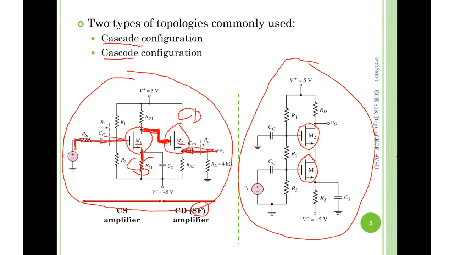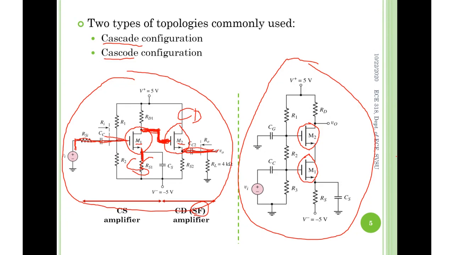Drew, what do you think? Common drain? Why is common drain? Just a guess?